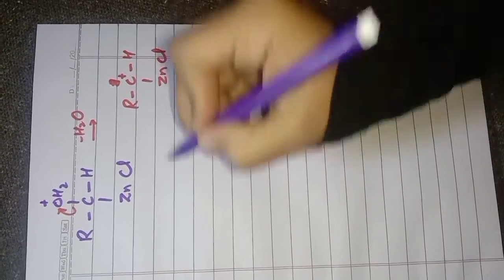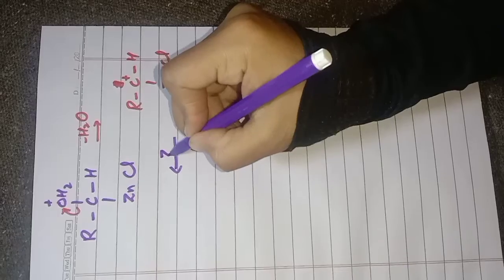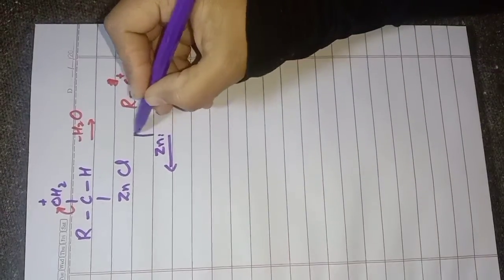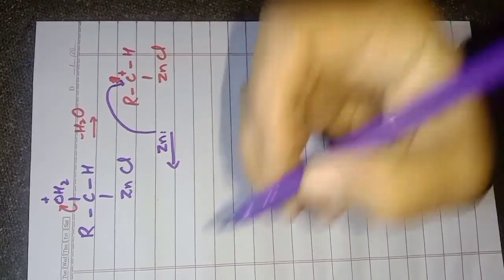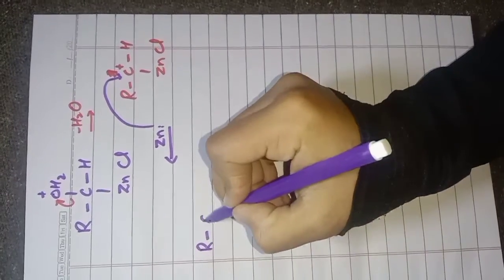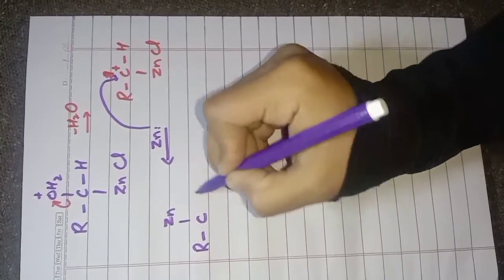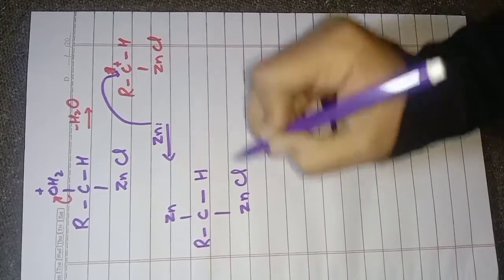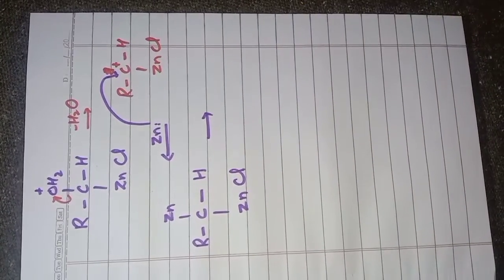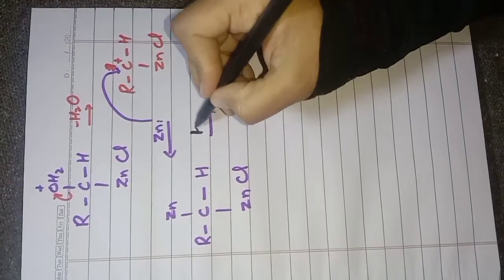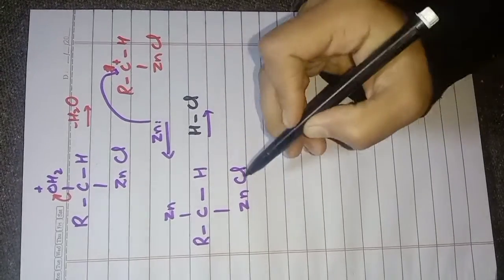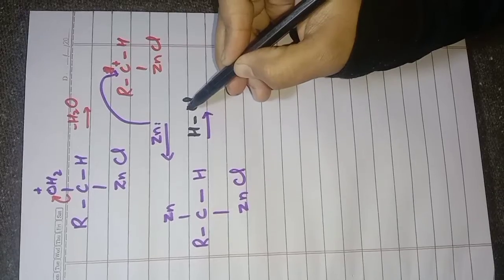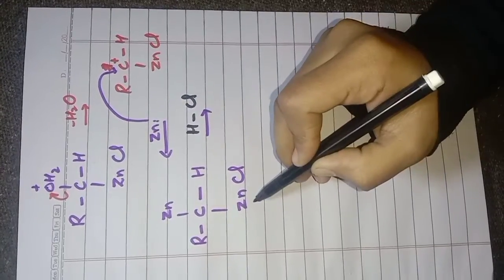Now what will happen? The zinc will again attack this carbon and attach to the carbon. Now in the presence of HCl, this chloride ion will attack here.